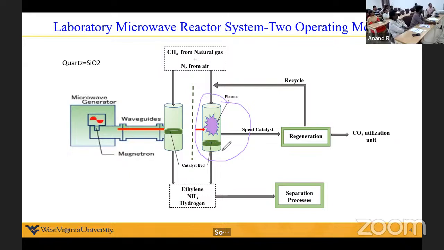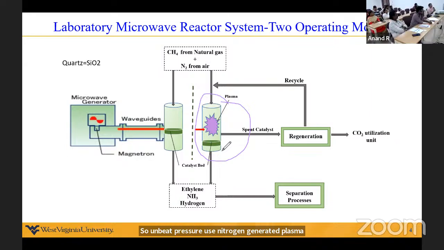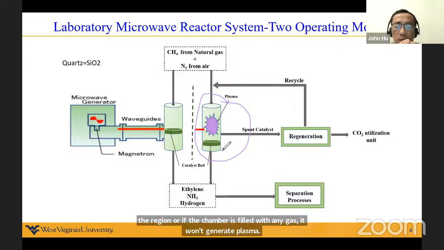We use nitrogen, sir. So under ambient pressure you use nitrogen to generate plasma? No, we are not able to achieve that. They said at vacuum condition it will create plasma. If the chamber is filled with any gas, it won't generate plasma. Yes, under pressure you won't.